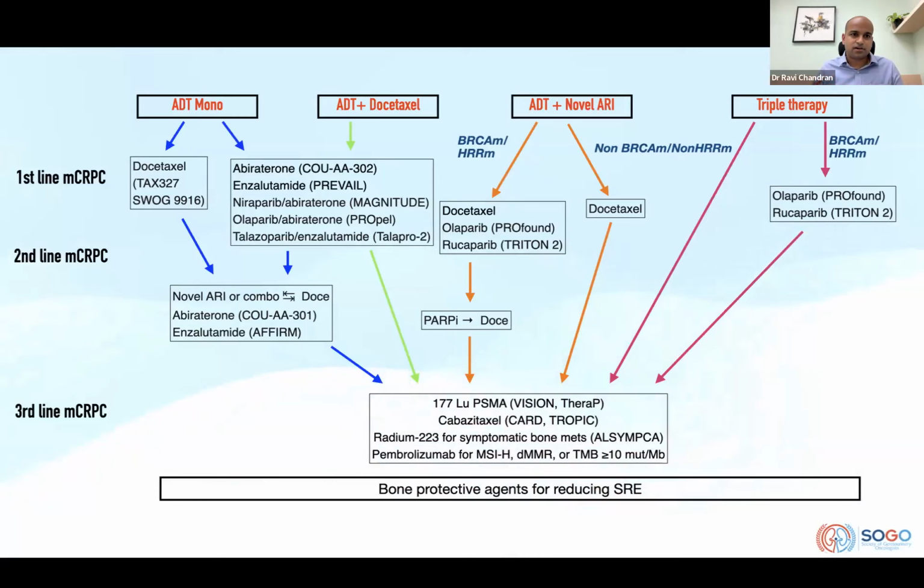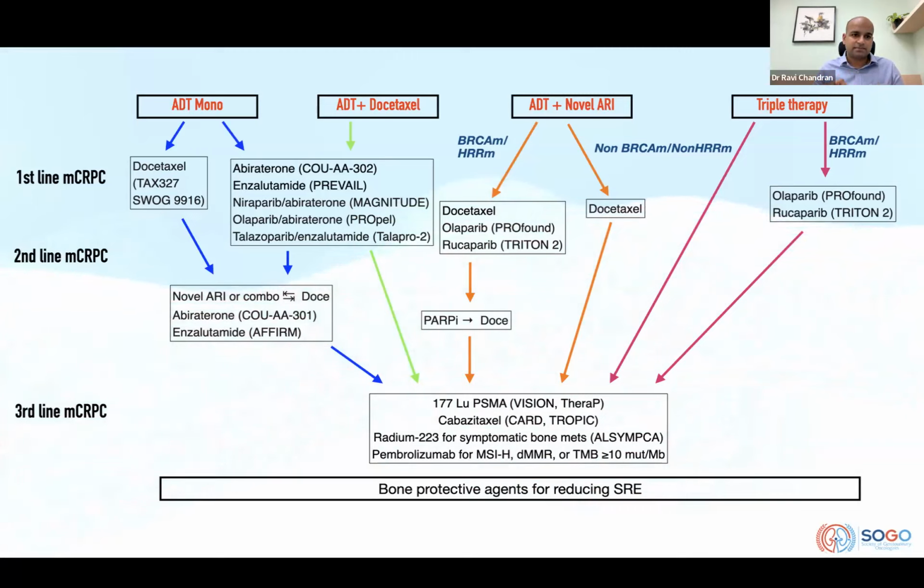And as I mentioned, all the PARP inhibitors combined with novel androgen receptor inhibitors, all three drugs have been made a part of category 1 recommendation. And not only in the ADT monotherapy setting, even if the patient has already received docetaxel, these novel androgen receptor inhibitors and PARP combinations still seem to be a category 1 recommendation.